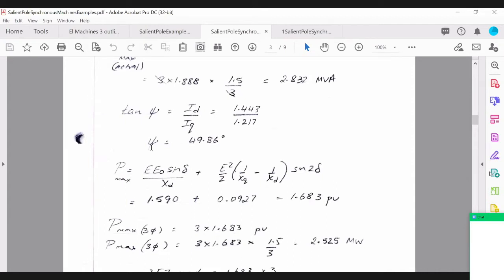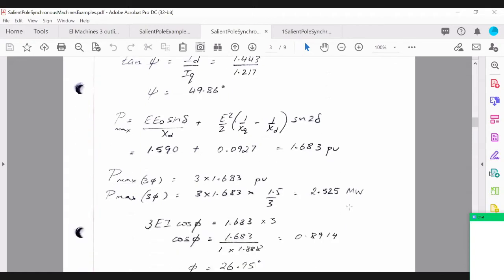And once you know that, you can also determine the maximum power, substituting in the original equation for power and inserting the value you worked out for the maximum angle.